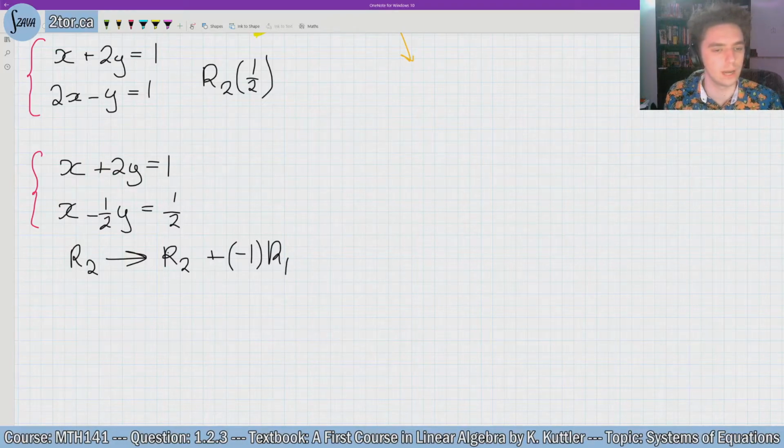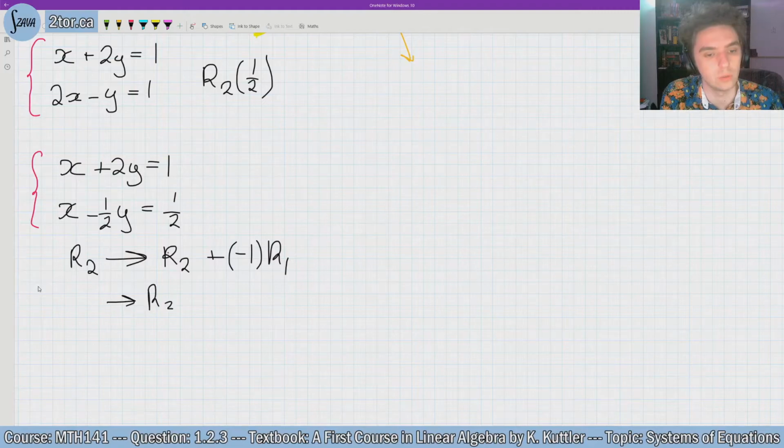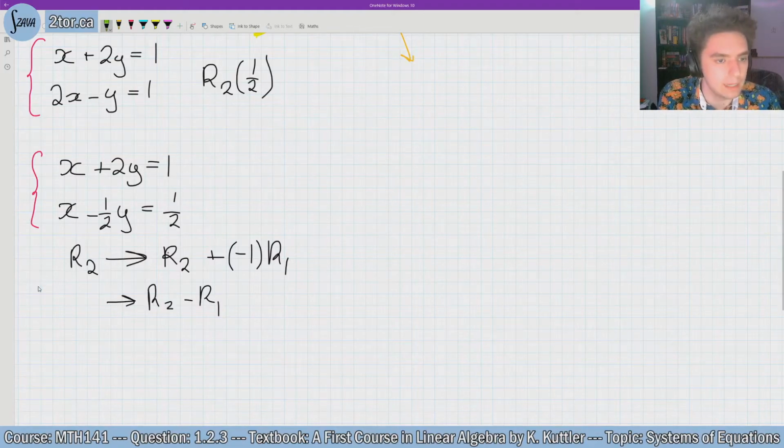Equation and row are used interchangeably here. I'm replacing row 2 with itself plus negative 1 times row 1, which is essentially row 2 minus row 1. Really, it's the same thing. I'll have x minus x on the bottom, negative 1/2 y minus 2y, and 1/2 minus 1.